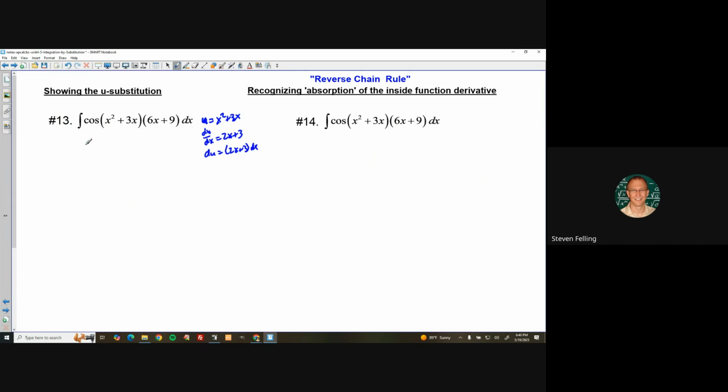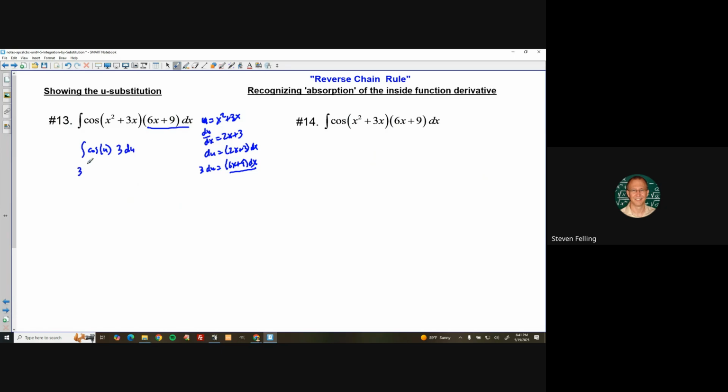And then I can say this is the integral of cosine of u. And now I've got a 6x plus 9. So what I could do is say, well, how can I get 6x plus 9 from this? To turn a 2x into a 6x, I can multiply by 3. If I multiply both sides by 3, then this would give me 6x plus 9 dx, and that means this whole thing gets replaced with 3 times du.